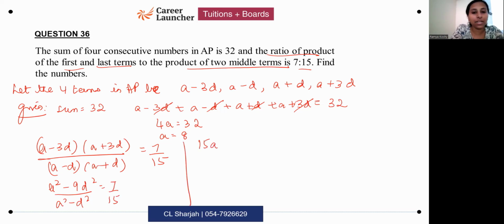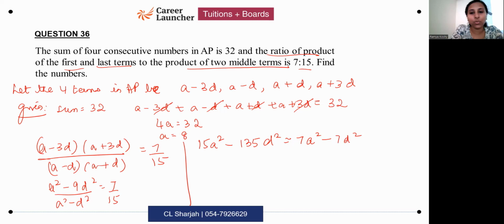So we have 15A square minus, I'm just cross multiplying here, 15A square minus 9 into 15, 135 D square is equal to 7A square minus 7D square.